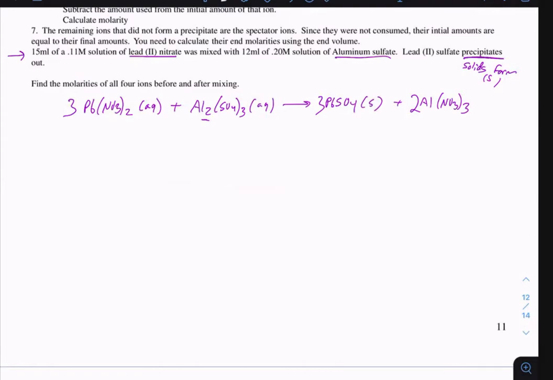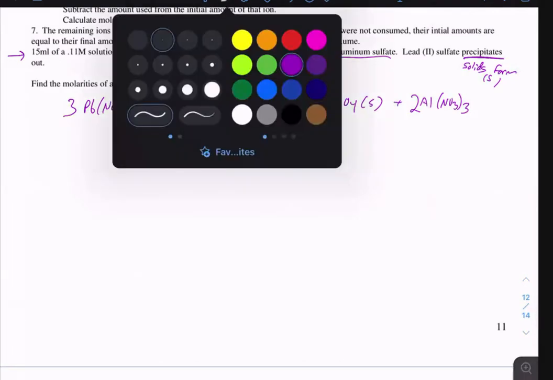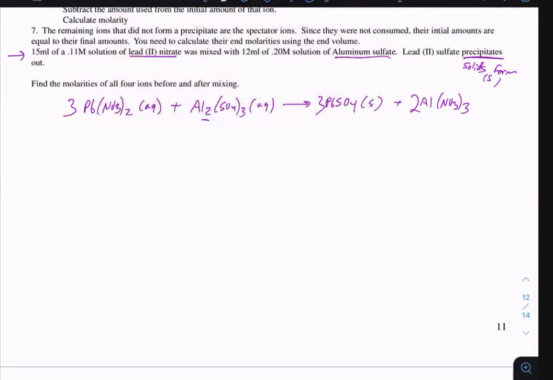So for the lead nitrate, switch colors here, we've got 0.015 liters multiplied by 0.11 molar, and I write molarity as moles per liter, just to make it visually obvious that the liters cancel.